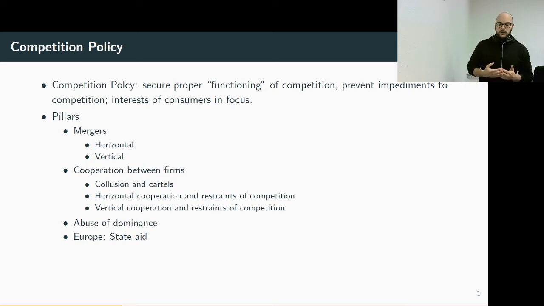And that way we can ensure that from a cost perspective, we are producing efficiently, right? And in order to prevent allocative inefficiencies and dynamic inefficiencies, we have to regulate the market, right?